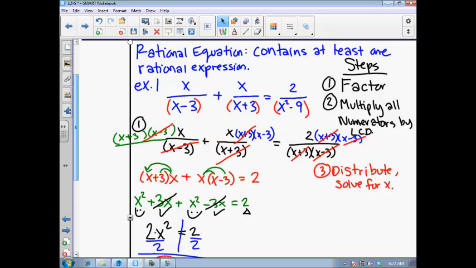Which would be one of these answers might not be an actual solution for the original unmanipulated equation. So how could you tell if both the answers actually work? Plug it back in.